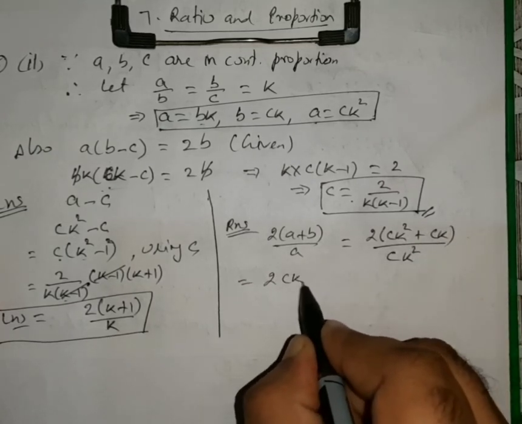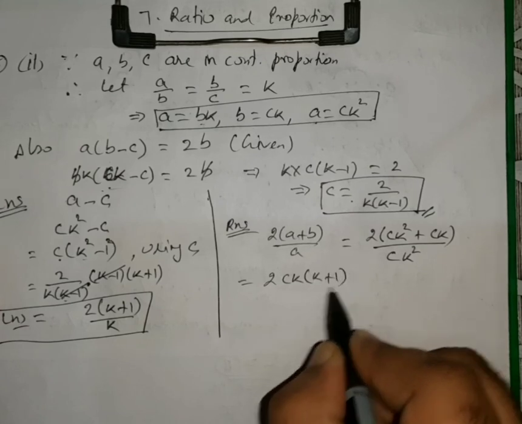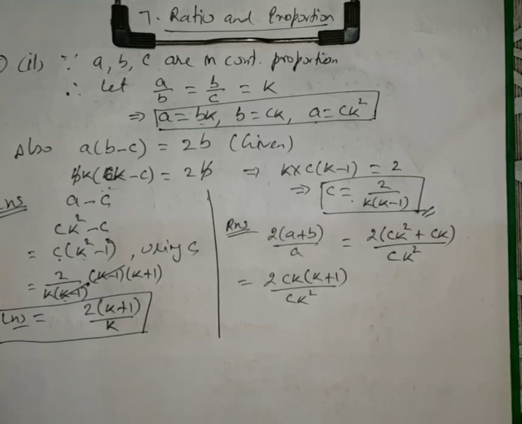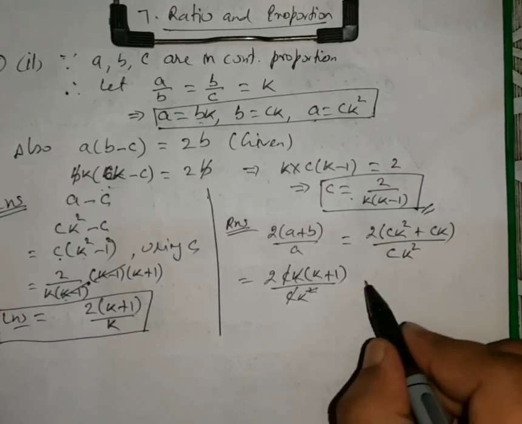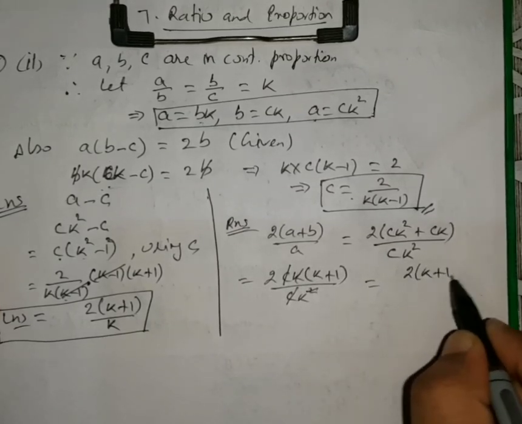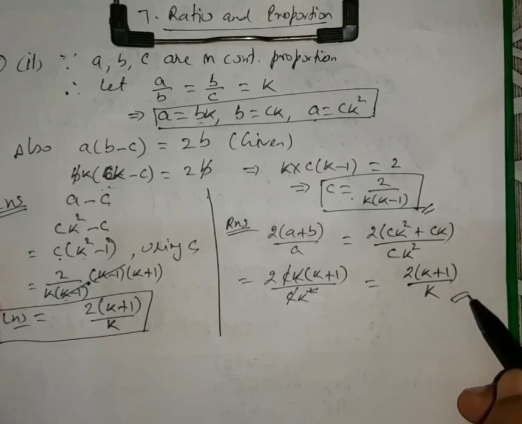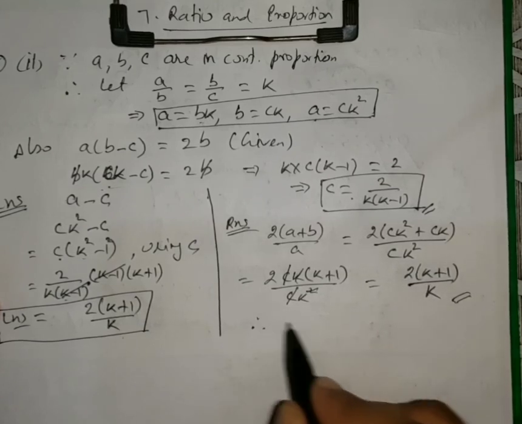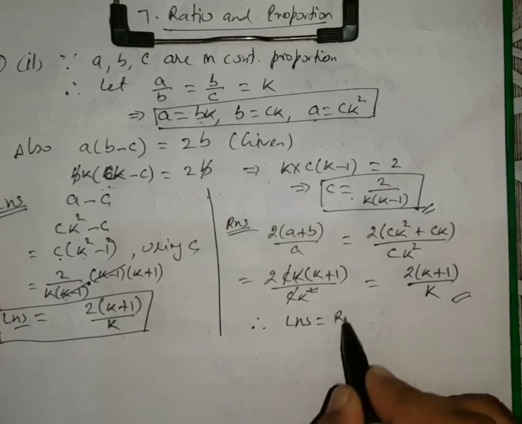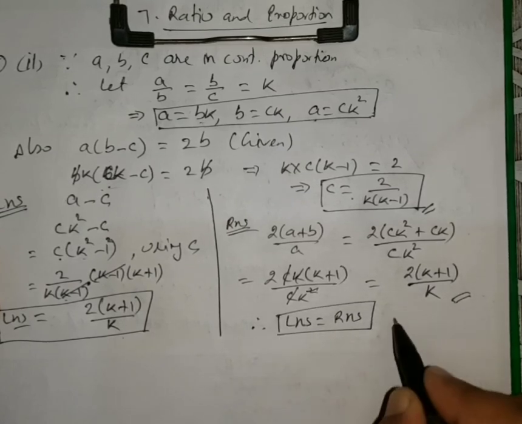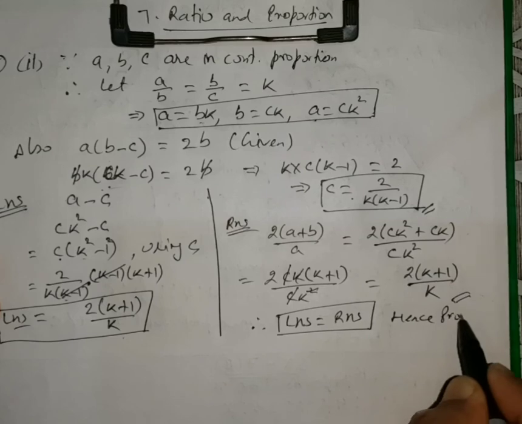So 2 multiply ck, and it will be k plus 1 over ck square. So c will get cancelled with this c, and this k will go here. So this is twice of k plus 1 over k. So this is RHS and this is LHS. So therefore LHS is equal to RHS. Hence proved.